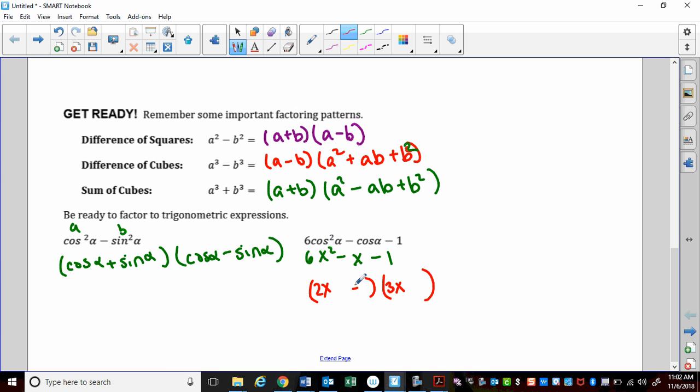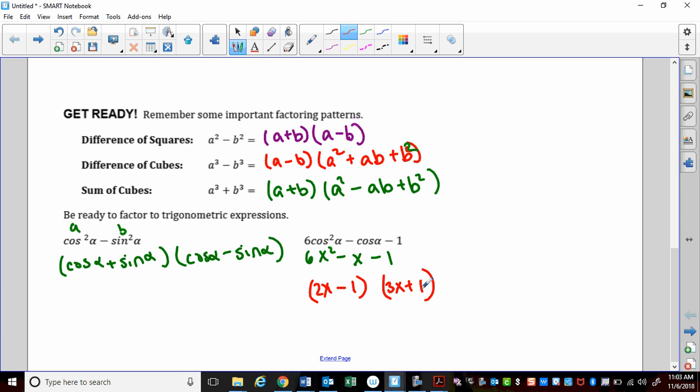I know one of them has to be positive and one of them has to be negative. That does matter though, because my x's are not the same, so it might be different. I'm going to put 1 and 1. Okay, so it's 2x. I want my middle term to be negative, minus x. So my bigger one has to be negative. So I know it's going to be minus 1 and plus 1 like this.